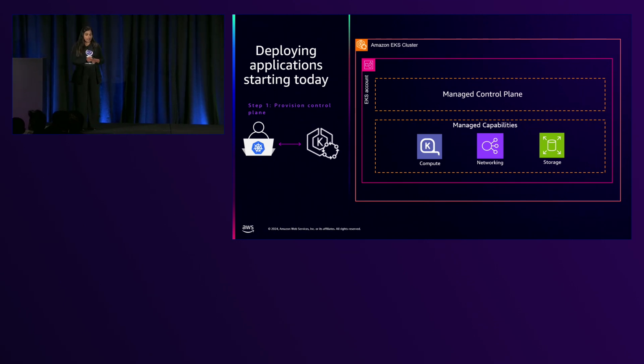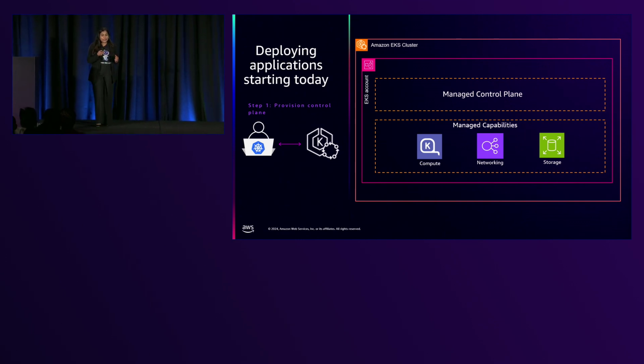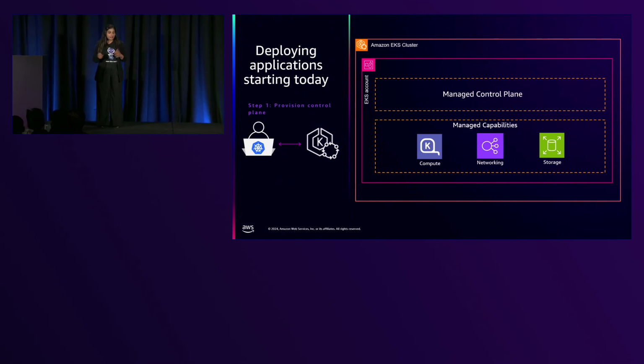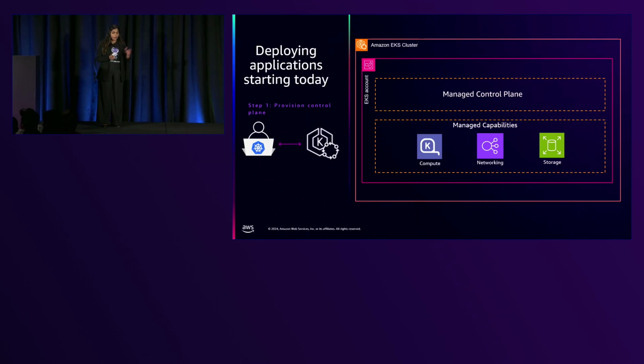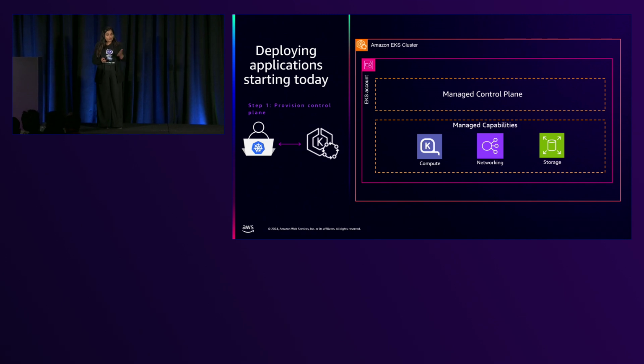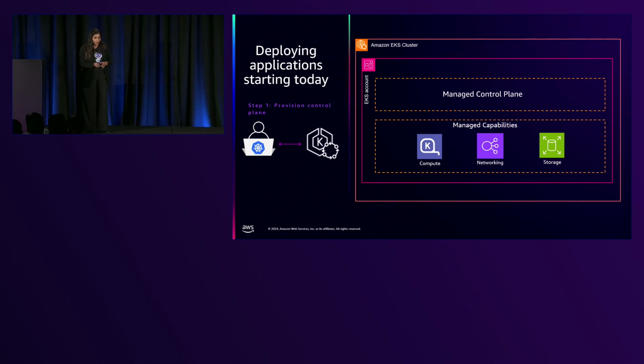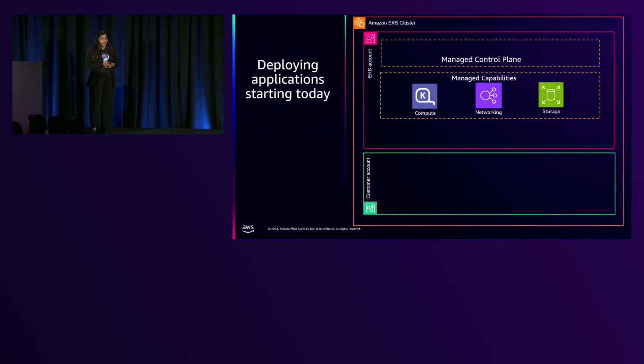As you can see here, all of these controllers now run on an Amazon EKS account in Amazon EKS managed VPCs. You do not have to worry about provisioning the compute and running these controllers. We automatically take care of the life cycle of these controllers as and when you update your control plane as well. So next, now the cluster is ready for you to deploy applications onto.